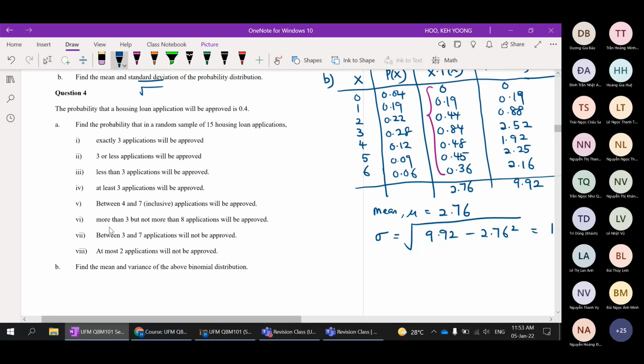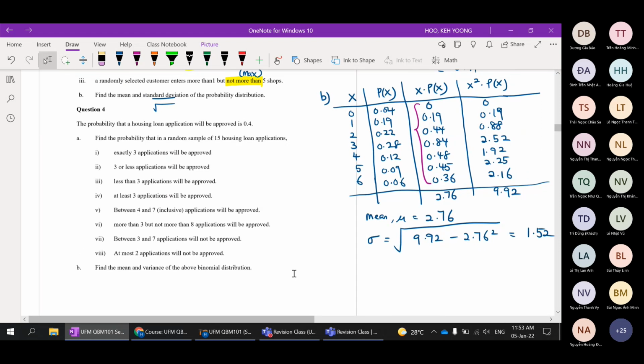Question 4: the probability that a housing loan application will be approved is 0.4. Find the probability in a random sample of 15 housing loan applications that a number of them will be approved or not approved. Question 4A, part 1.